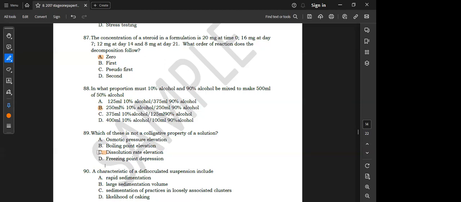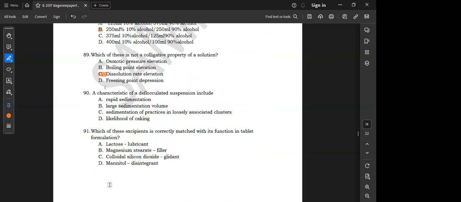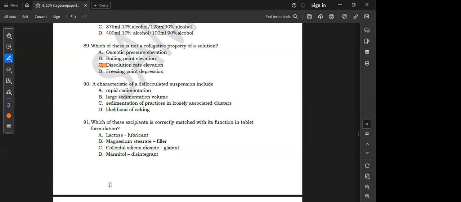Which of the following is not a colligative property? We had discussed this: osmotic pressure, elevation of boiling point, freezing point depression, so dissolution. Characteristics of a deflocculated suspension include rapid sedimentation, large sedimentation volume, sedimentation of particles in loosely associated clusters, and likelihood of caking.